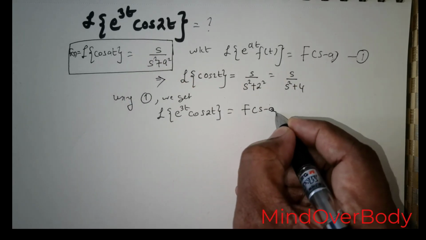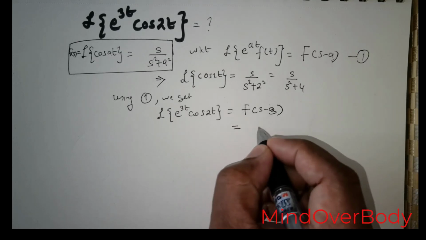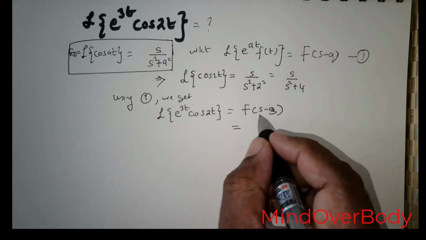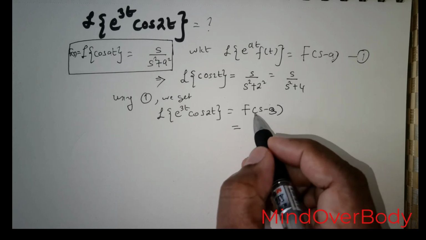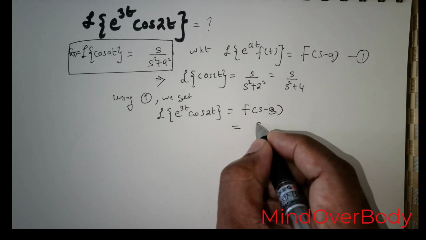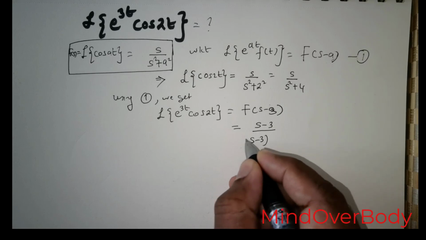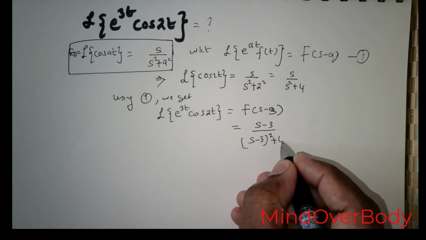So let me write that down. So this is going to be rewritten as, in place of s I would have to substitute s minus 3. So that's going to be s minus 3 divided by s minus 3 raised to the power 2 plus 4.